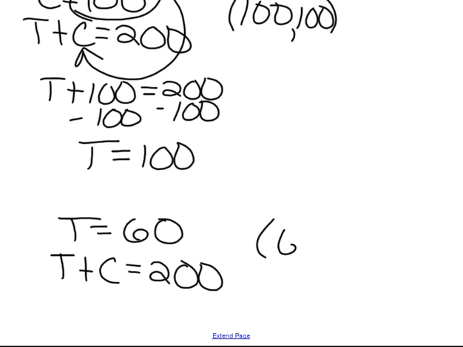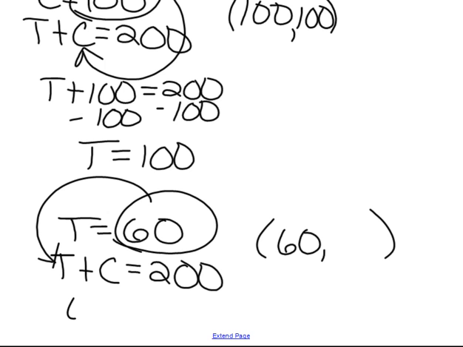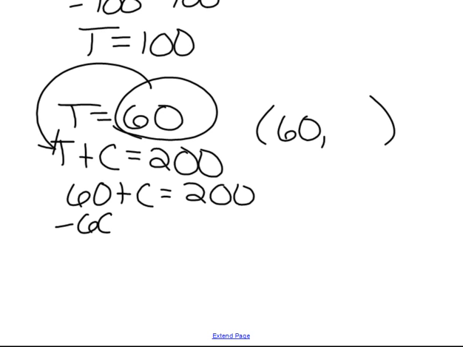So I know my t has to be 60. I don't know what my c is. I'm going to substitute 60 plus c is equal to 200. Subtract 60, and I get c equals 140.